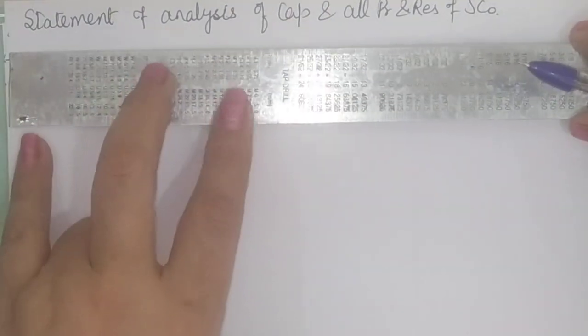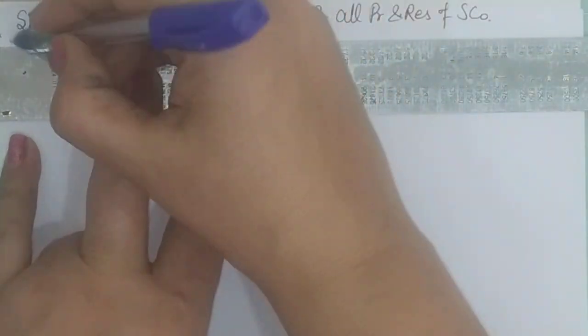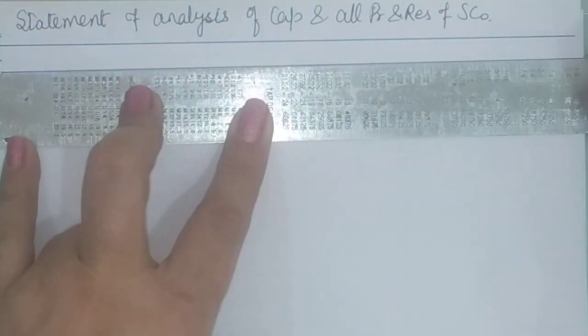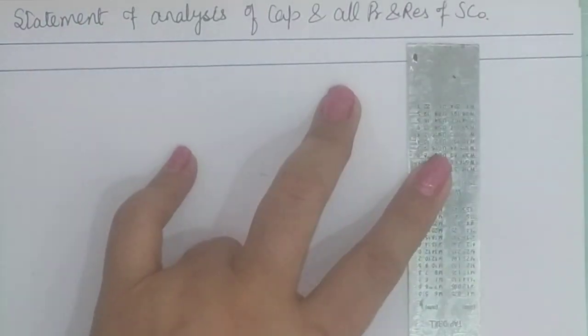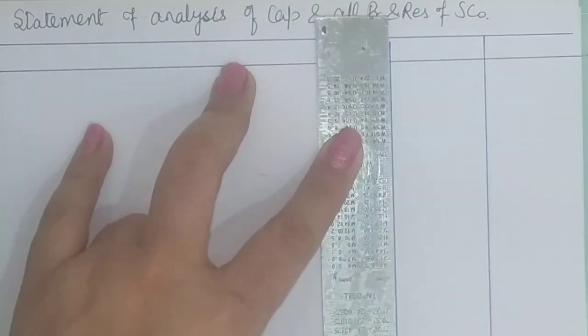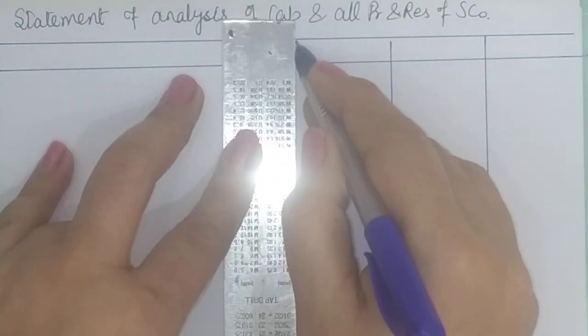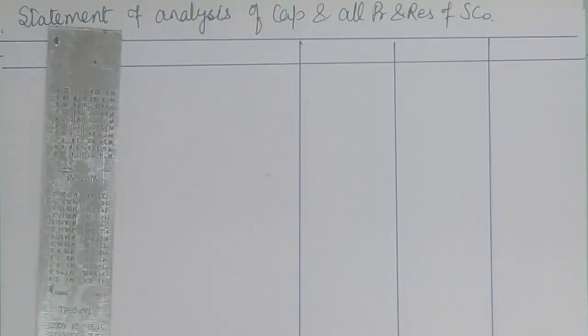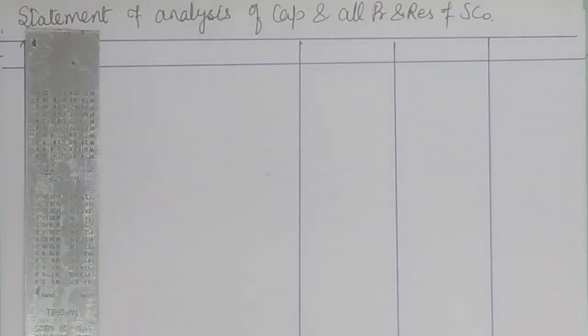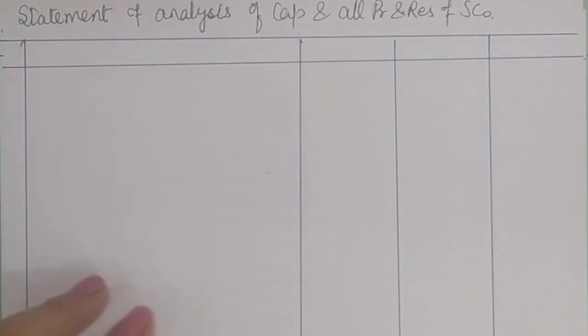It shall be having 5 columns. Three columns are for the amounts, which are capital and revenue amounts, and first column is for the serial number and then the details. So this is the format.